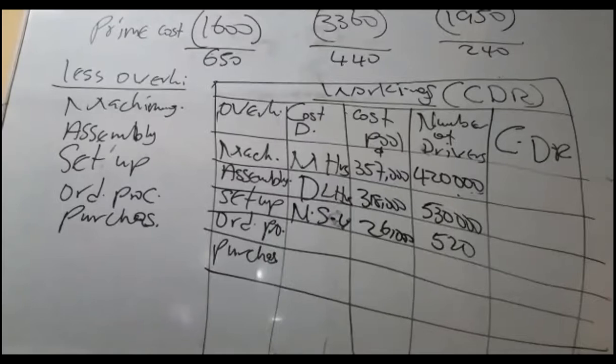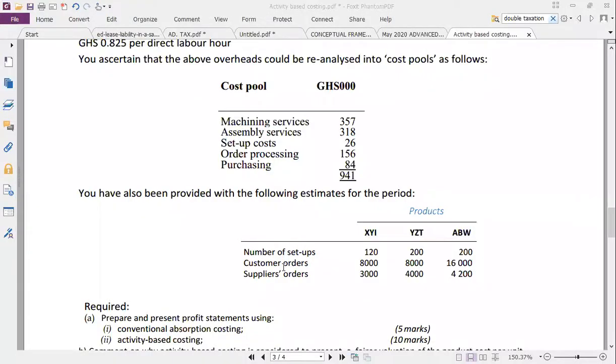Okay, so let's continue with the other processing. What should be the appropriate cost driver? Is it customer orders or supplier orders? Let's see.